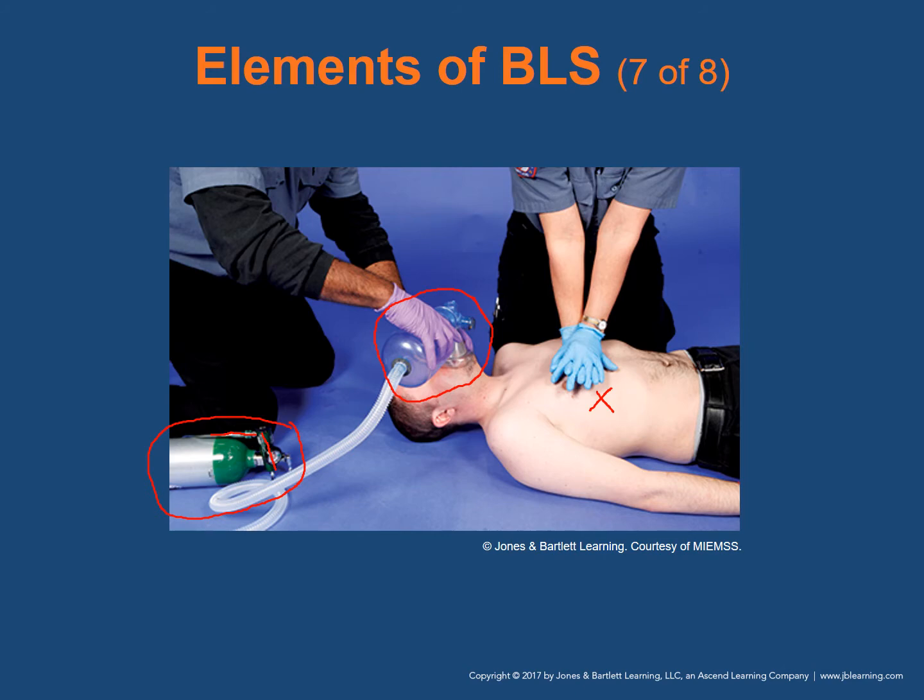And my favorite thing is it's laying down on its side. Remember to never leave an oxygen tank standing up on its own because it could fall over and it could sustain damage, and it could actually turn into a deadly missile. So it's always important, if you don't have a hand on the oxygen tank, to lay it down like you see in this picture.